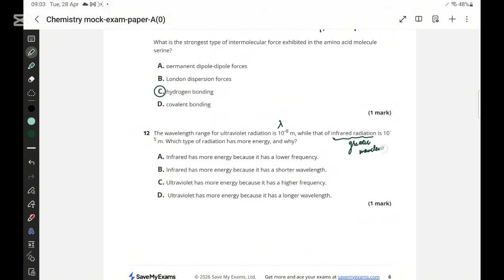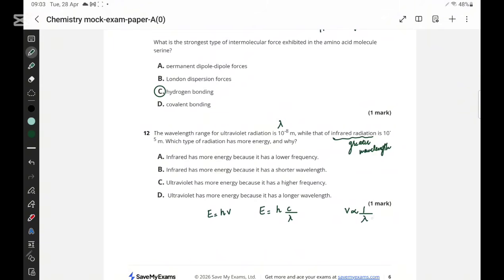We have a formula: energy is equal to h, Planck's constant, times v, the frequency, and v is equal to c by lambda, where lambda is the wavelength, and we can see that frequency is inversely proportional to wavelength.